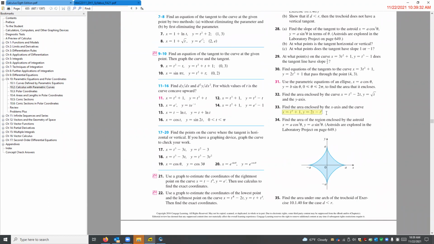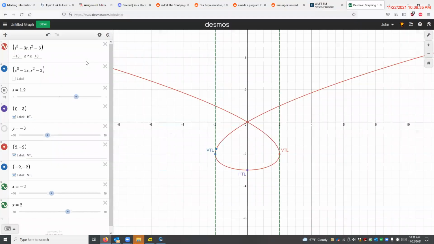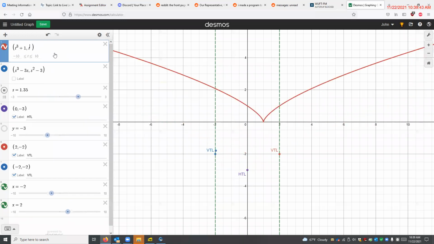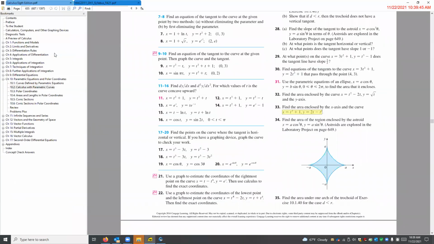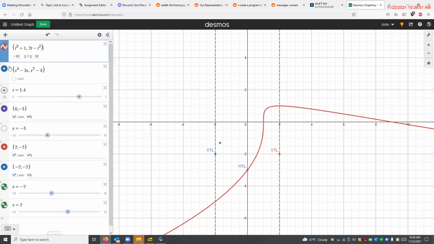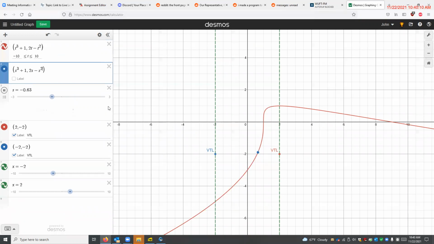Okay, let's look at t cubed plus 1, 2t minus t squared.